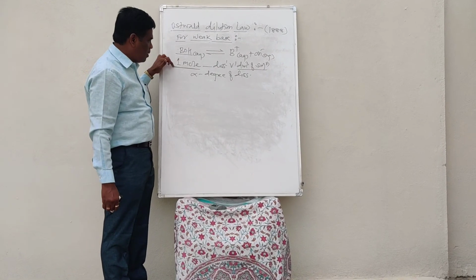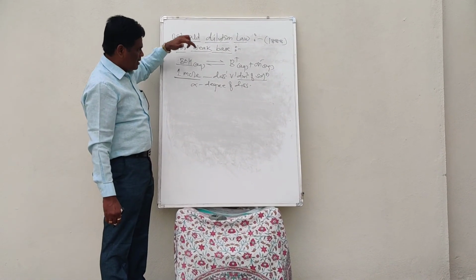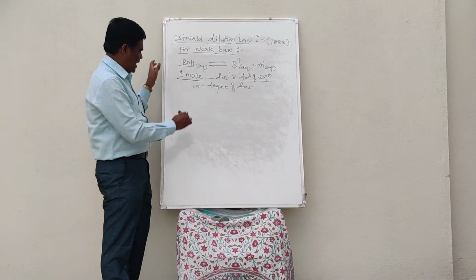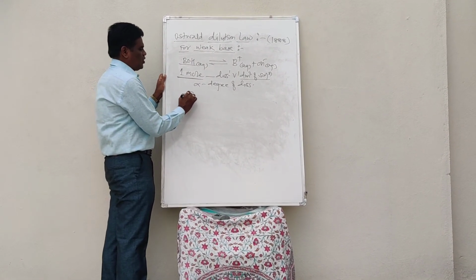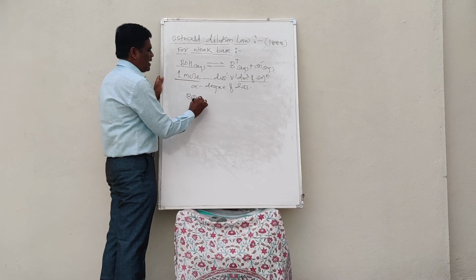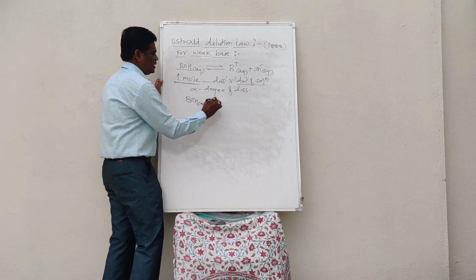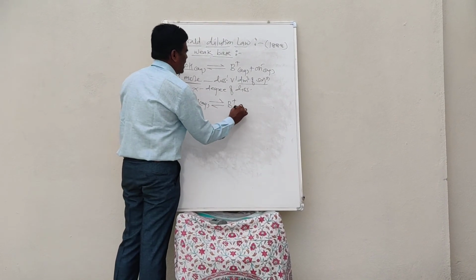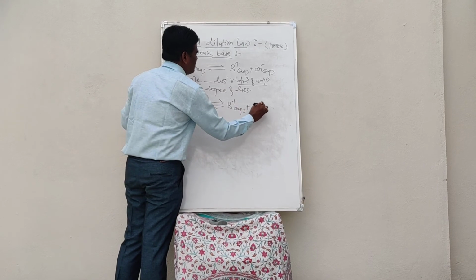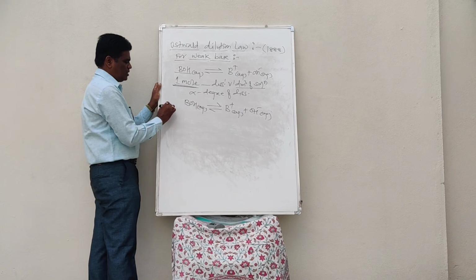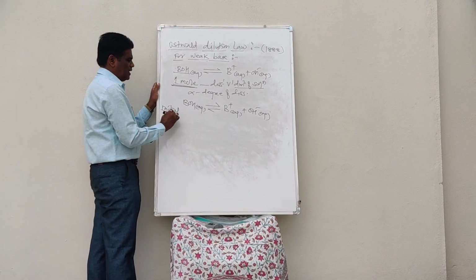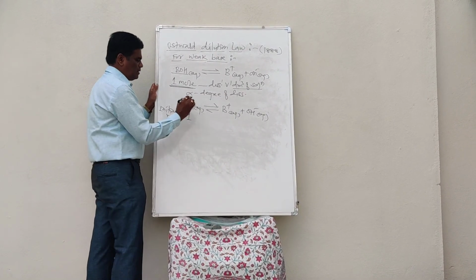And 1 mole of BOH dissociated, then its data will be like that. Reaction, you can write again: BOH aqueous gives B plus aqueous plus OH minus aqueous. What is the initial mole of BOH? Initial mole of BOH is 1.